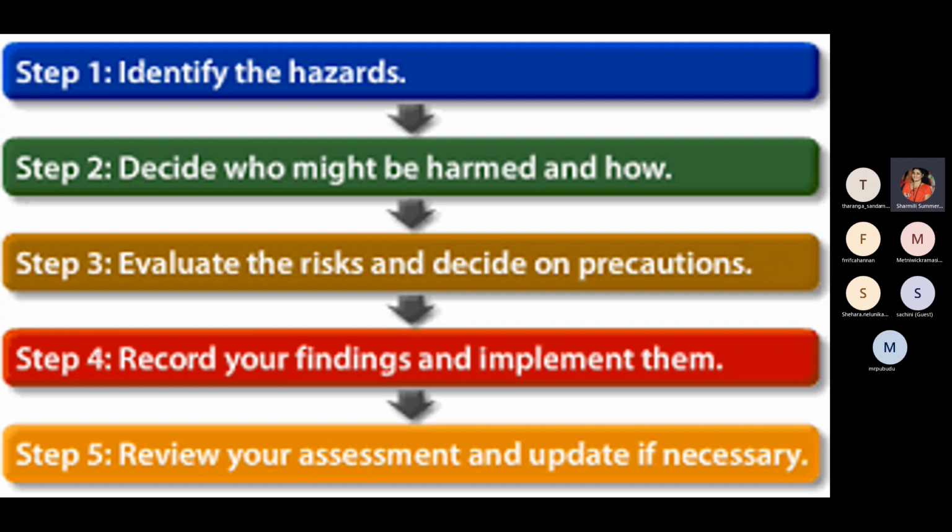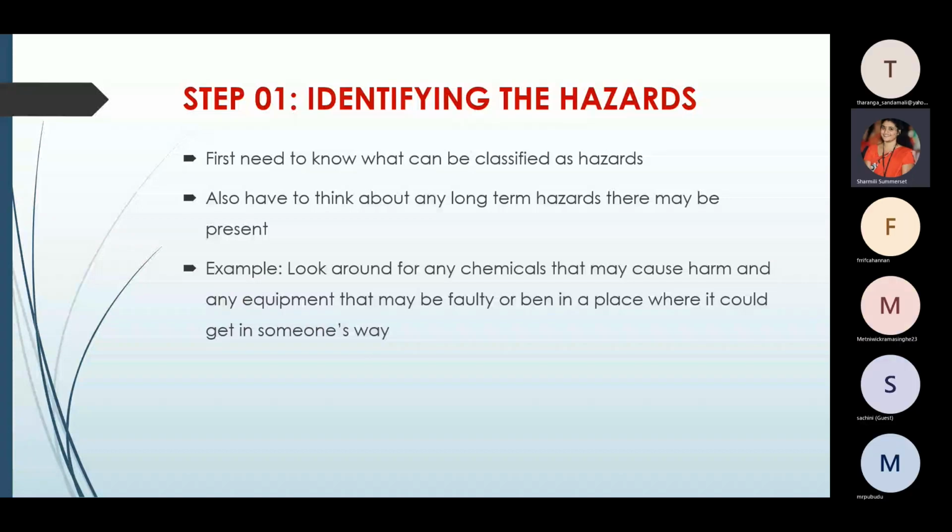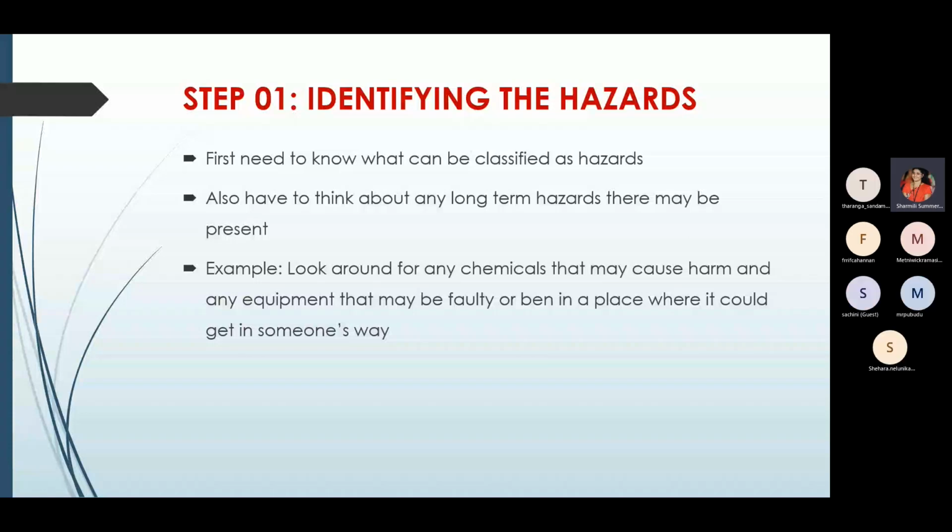First you need to know what can be classified as a hazard. If electricity, chemicals, or whatever is present in a particular environment, first you need to identify which come under the hazardous materials. We already studied the types of hazard, so you can pick out from that what hazardous materials are present in that environment. Also think about whether the hazard is long-term or short-term. Some chemicals are long-term hazardous. Electricity could be short-term, but medications and microorganisms, the biological hazards, are normally very long-term.